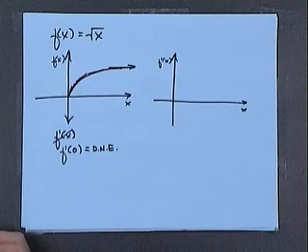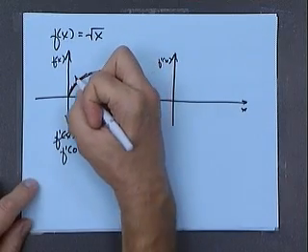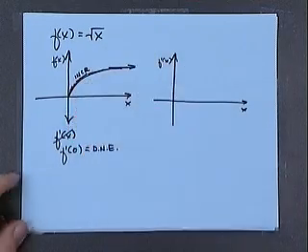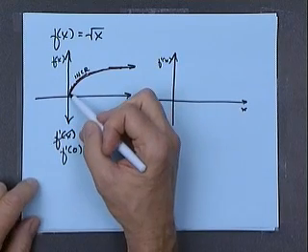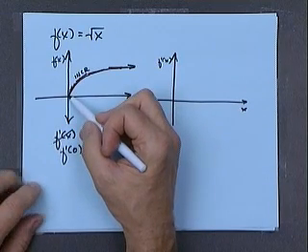Is that correct? Because the graph is increasing. So if this graph is increasing, what does the derivative graph have to look like? Positive, right? The original function is increasing. The derivative is positive. And I guess we could just pick off some numbers.